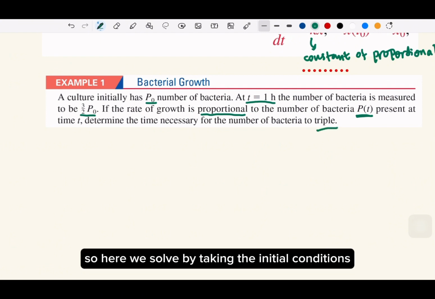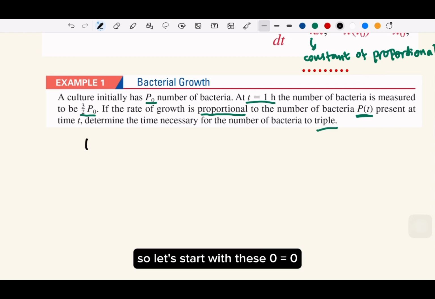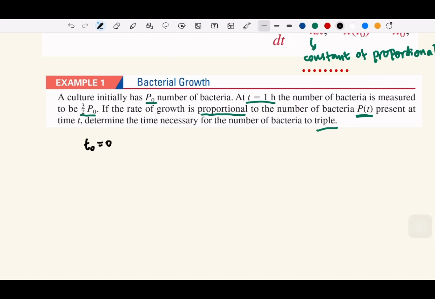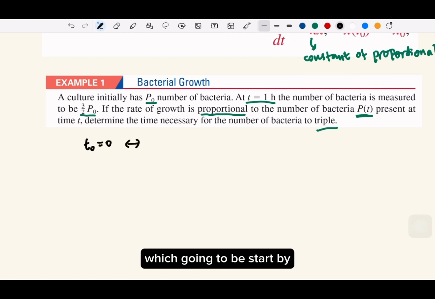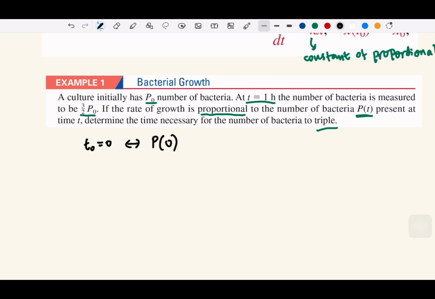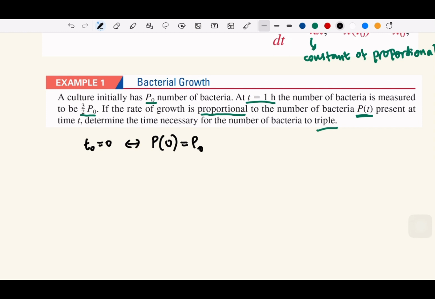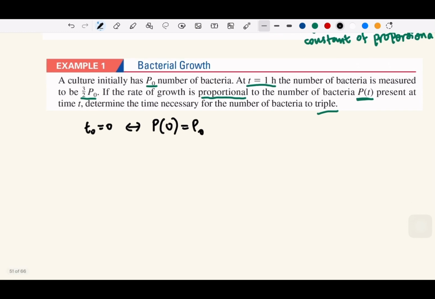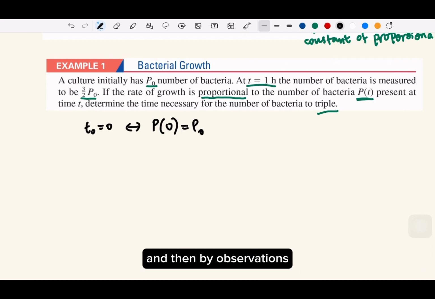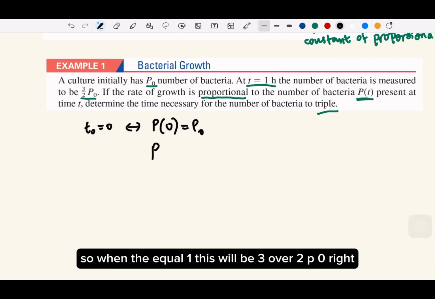So here we solve by taking the initial conditions. Let's start with t0 equals 0, where p0 is the initial condition. And then by observation, when t equals 1, this will be 3 over 2 p0, right?